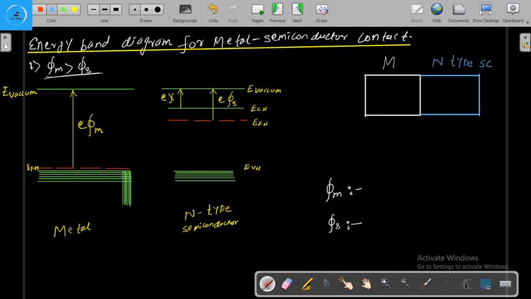So our second question is, what is the work function?